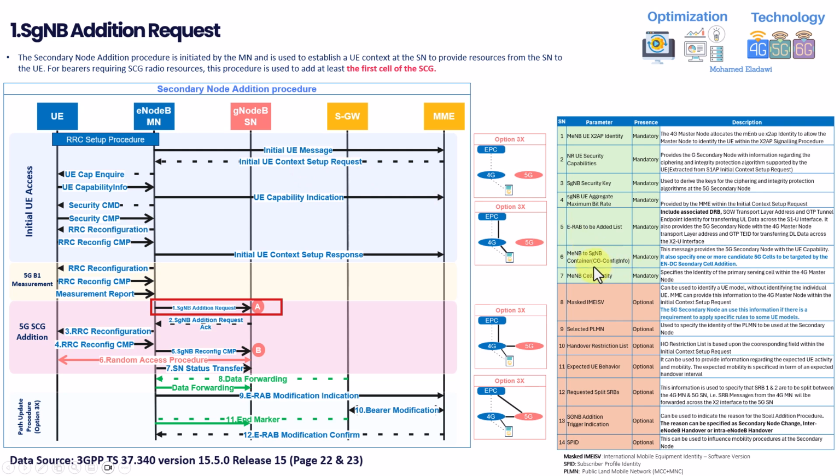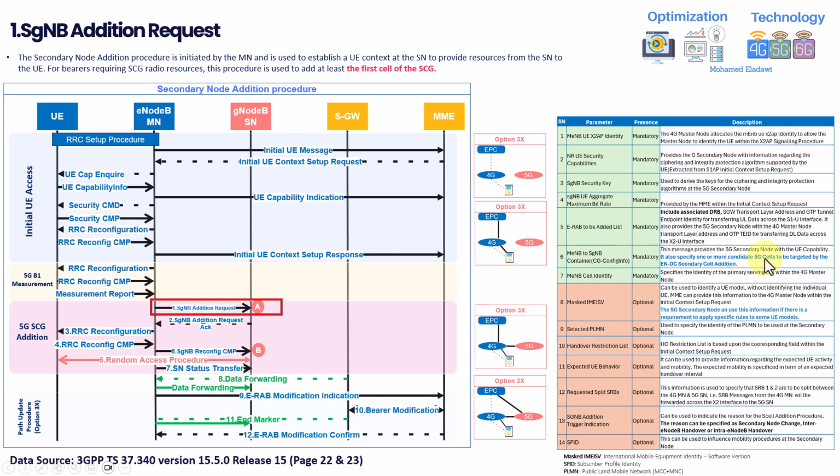But the most important information, which maybe you need in troubleshooting, is the CG-ConfigInfo, which must be in the SgNB container. This includes all the targets, or the candidates, of the 5G cells which were sent in the measurement report. It will be included in this message. If you have X2 traces and open the SgNB addition request, you search for CG-ConfigInfo.